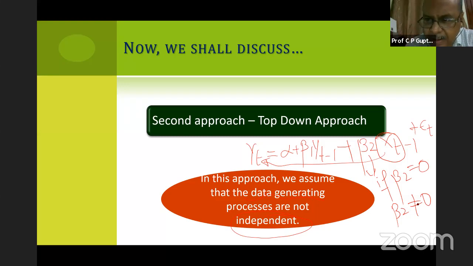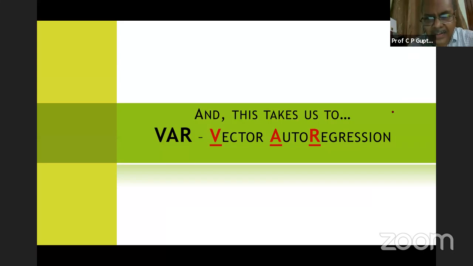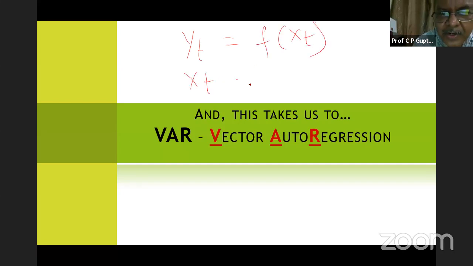First, you assume that there is a relation, make your model accordingly, and then you prove whether that relation exists, whether your assumption is true or not true. And this takes us to the vector autoregression model, which we call VAR. So you can have yt as a function of xt, xt as a function of yt, and then check causality.